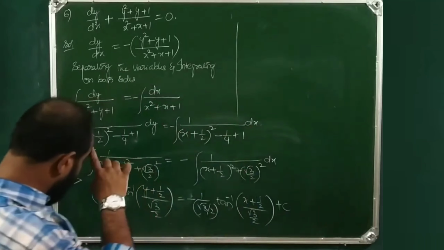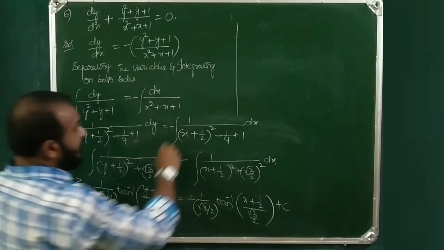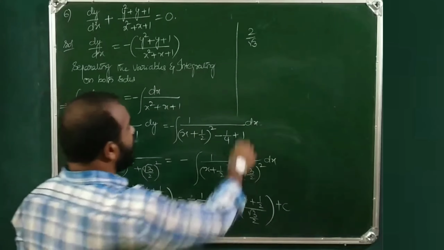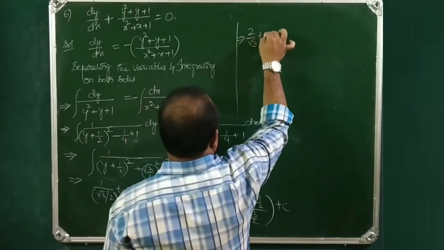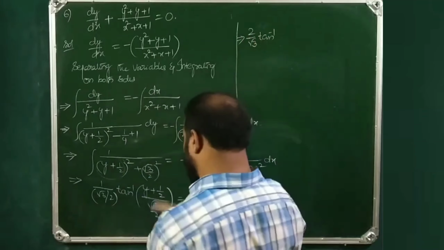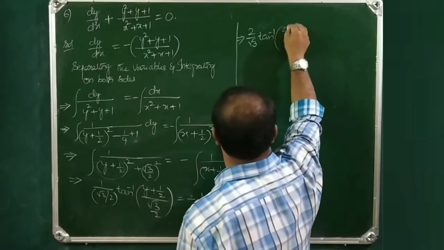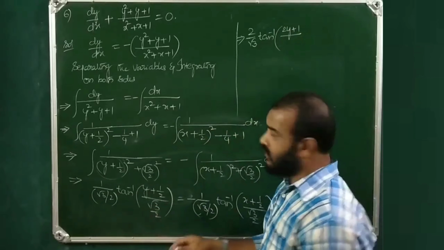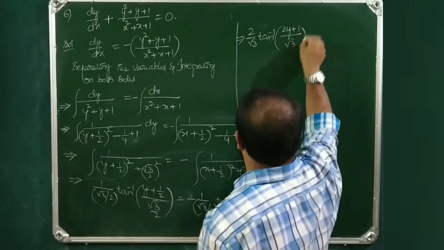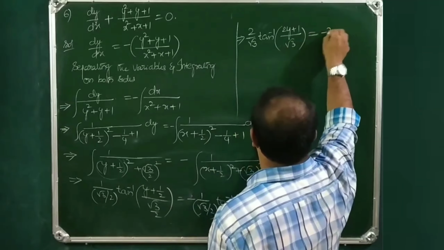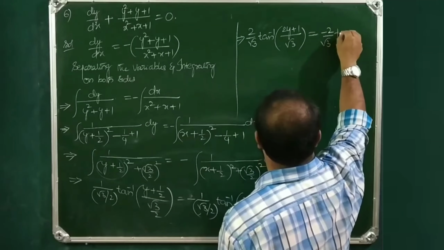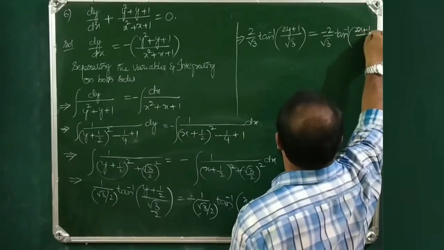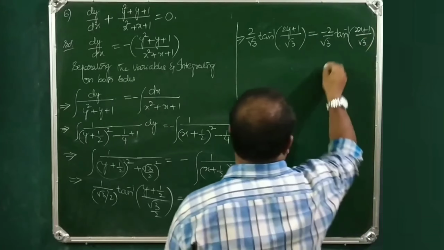This is equals to 1 by root 3 by 2 is 2 by root 3 tan inverse. How much is this? 2y plus 1 by 2 by root 3 by 2. 2 gets cancelled, root 3 is equals to minus 2 by root 3, same, tan inverse 2x plus 1 by root 3 plus c.